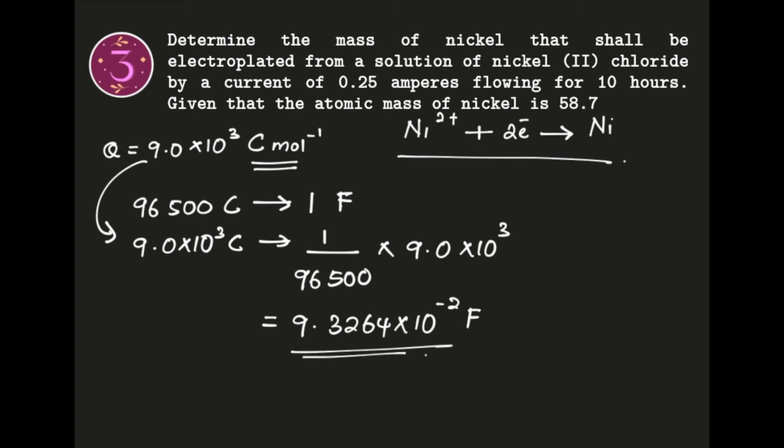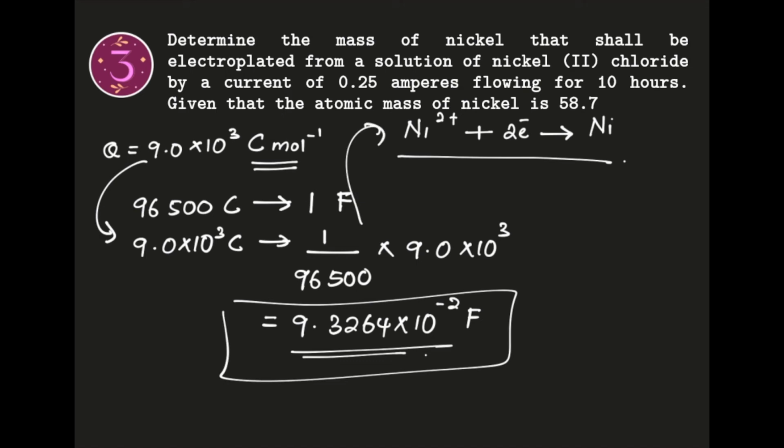Right, so how does this get to do with this? How do you relate it? It means that for each electron, 1 Faraday. So in this case, 2 Faraday will produce 1 mole of nickel. So how much Faraday we have is this.